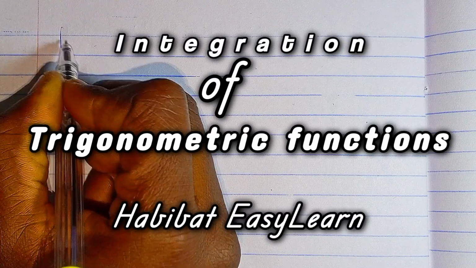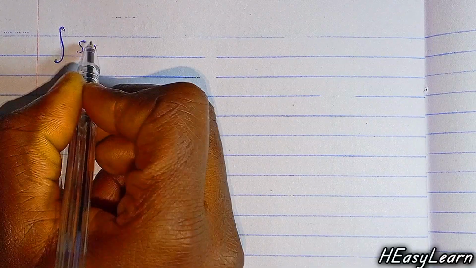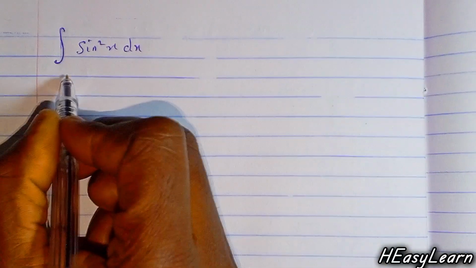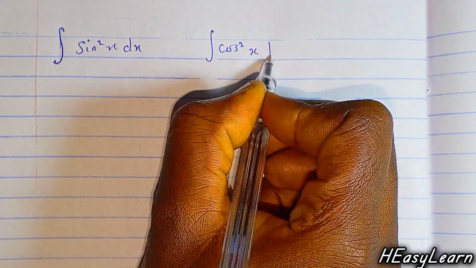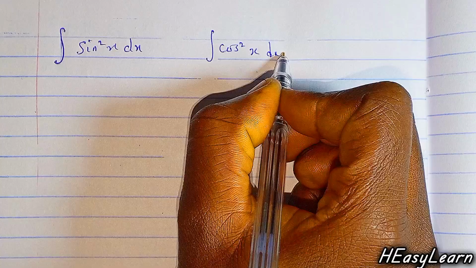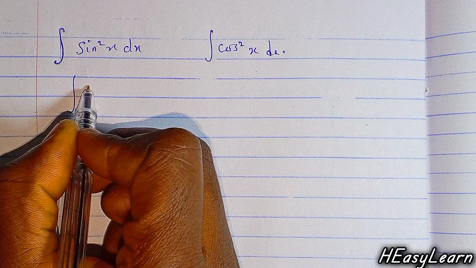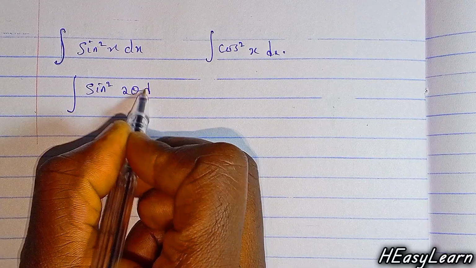How to integrate the trigonometric function, the integral of sine square x dx, the integral of cos square x dx. We have shown it from the previous video. Here we are going to show how to integrate sine square 2 theta d theta.